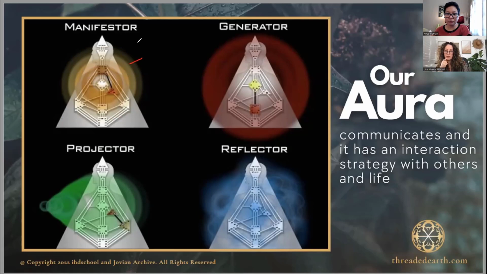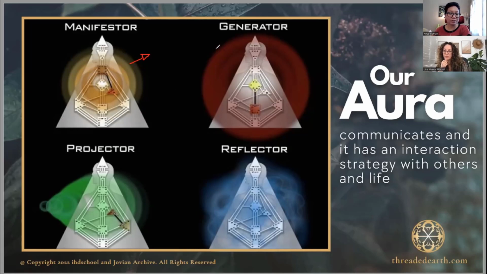Everyone is here to be themselves, but the manifestor is here to be independent in their own unique way, so that they can do what they are here to do, to initiate, to make an impact on the world. That's manifestor, closed.